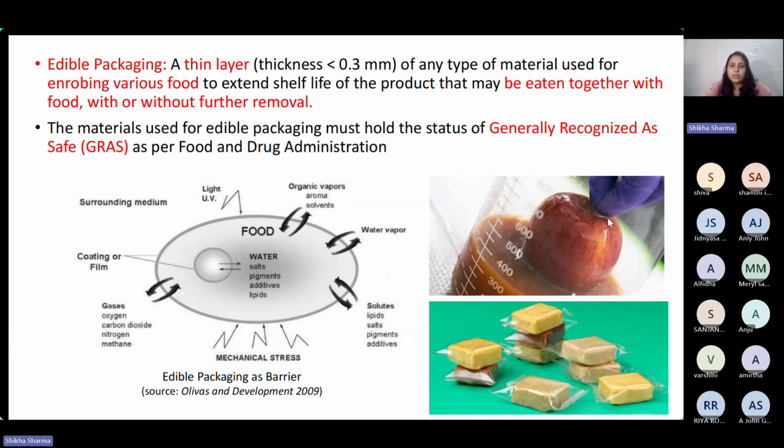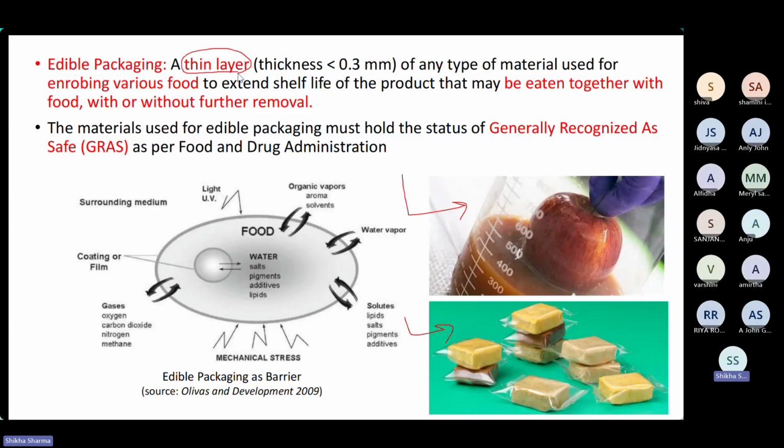So edible packaging can be edible coating and film. It is basically a thin layer of any material which we put on any food product, in the form of a coating or a film, and it can be eaten together with the food without removal, or we can remove the packaging material and then consume the food product, because it is edible packaging.